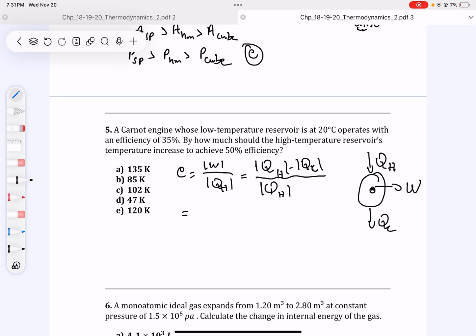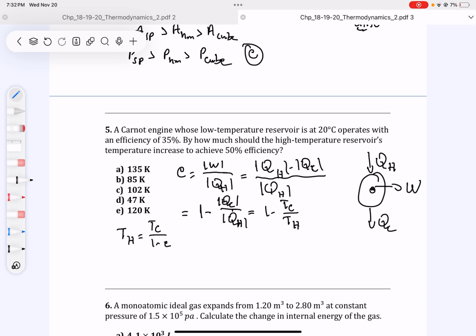That's 1 minus absolute value of QC over absolute value of QH. Because it's a Carnot engine, it's 1 minus TC over TH. And we can formulate a formula for TH. TH is equal to TC over 1 minus E.